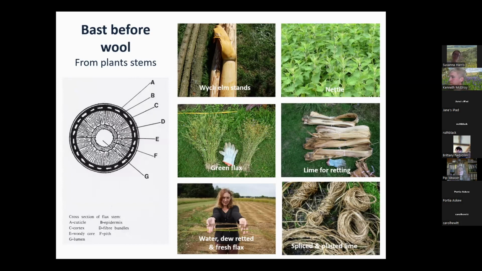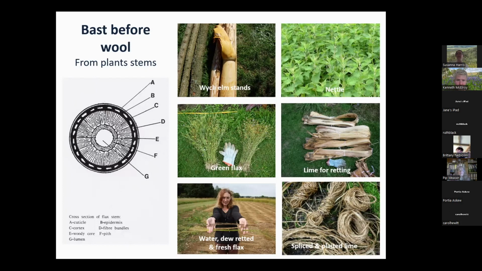But what it is possible to do is see that these have the definition of plant fibres. And the sort of plant fibres that we expect were being used at that point are quite possibly bast fibres. And bast is fibres that come from the stems of all sorts of different plants. And they come from this position D, the fibre bundles, underneath the epidermis or the bark of the plant.